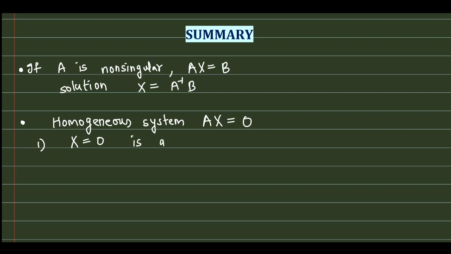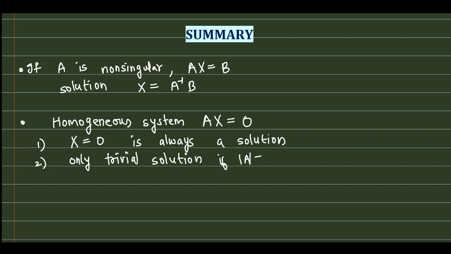The second thing we note is that this system Ax equal to 0 will have only the trivial solution if determinant of A is not equal to 0, which means that A is non-singular.